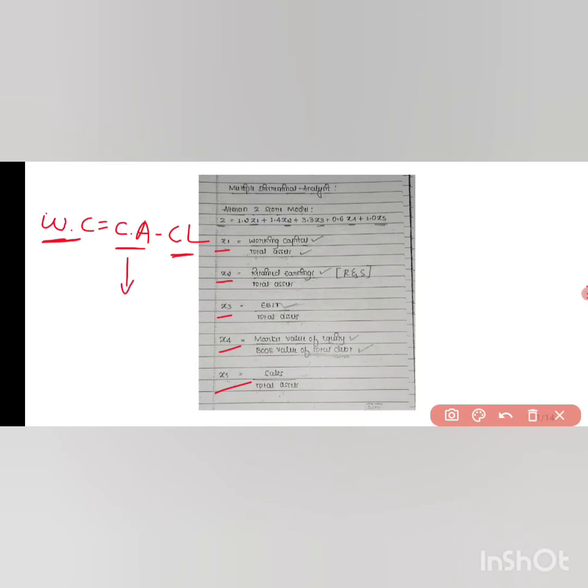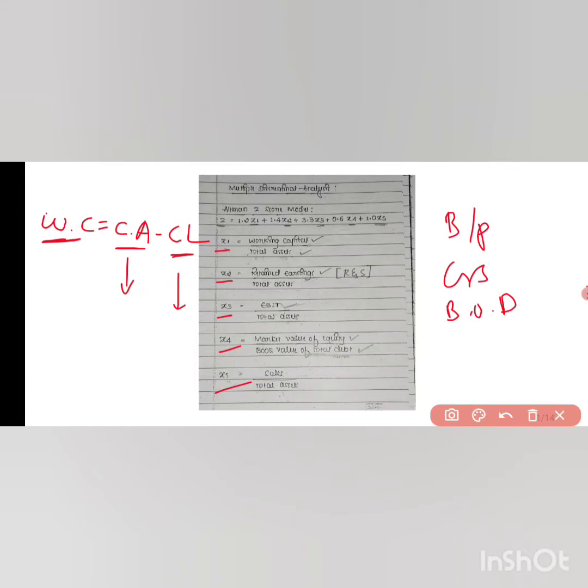Current assets are those assets which can be converted into cash within 1 year. Current liabilities are those liabilities which can be paid within 1 year. So what are those liabilities? Like bills payable, creditors, right? Bank overdraft. So all these are your current liabilities.